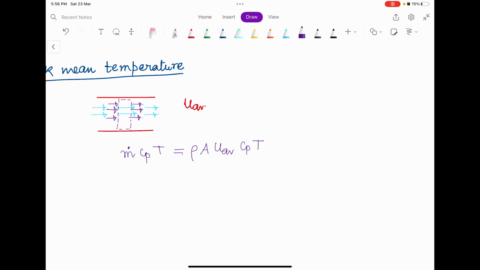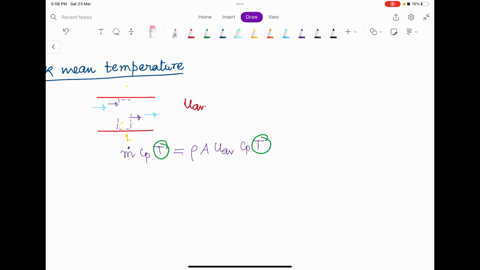And this T here, now you see that I have written very innocently T here, but what should this T be? If you have the same temperature throughout this section, I should say that this is the energy passing through section 1, not the control volume.